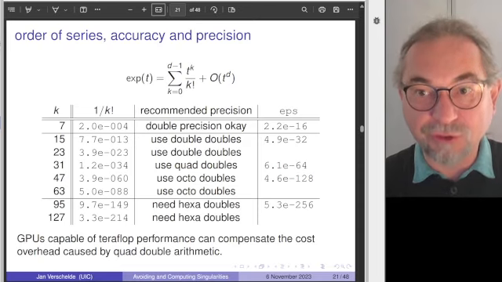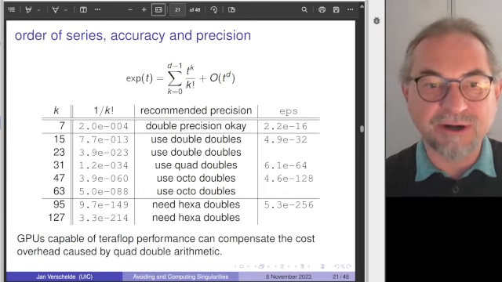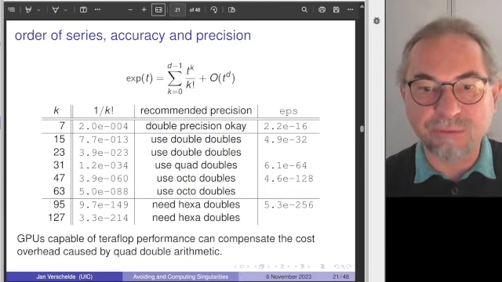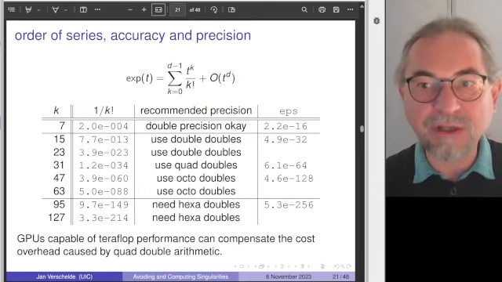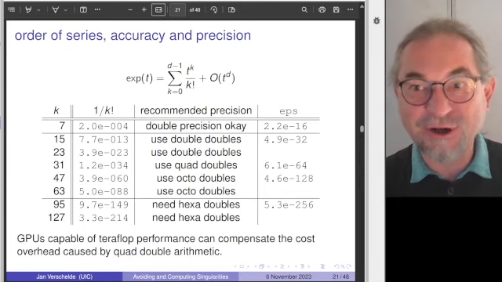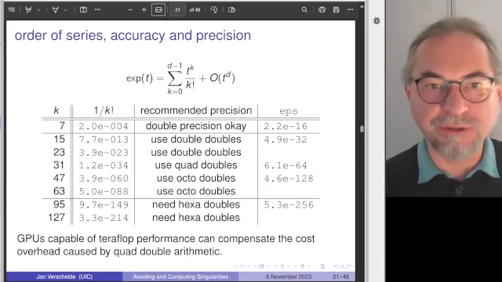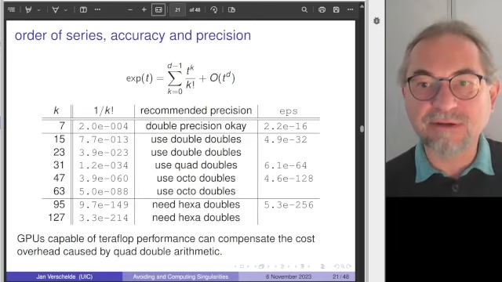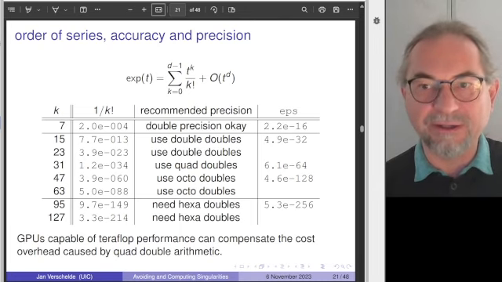But your cost overhead is about 1,000 more arithmetical operations. But there are chips available with teraflop performance, and that allows you to compensate. Now we're still in this part of the lecture on avoiding singularities, and when we avoid singularities, we work in double precision. By default, in my software, I don't compute more than 8 terms.